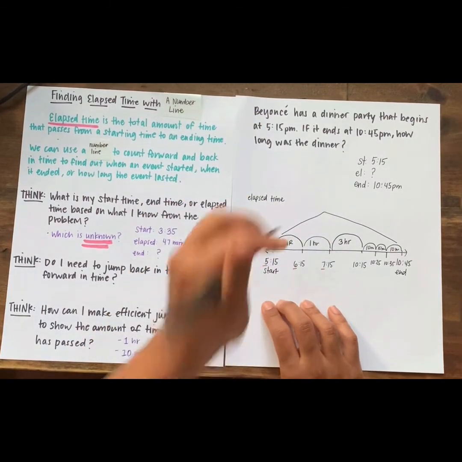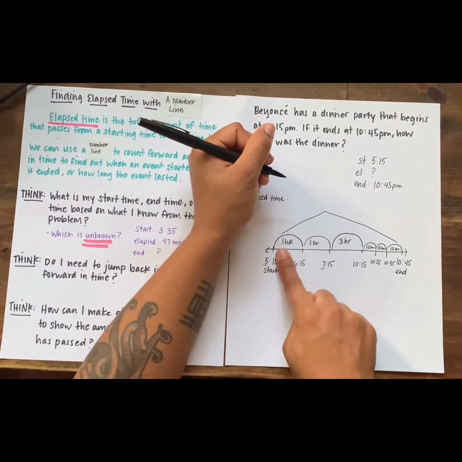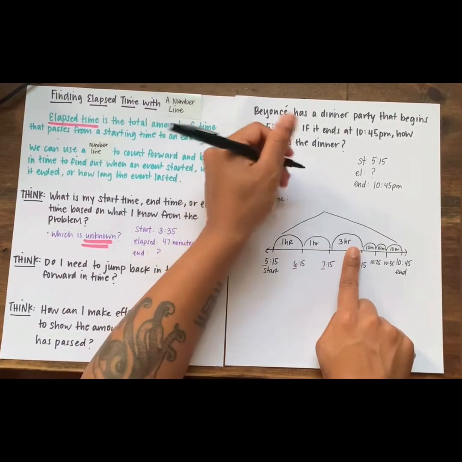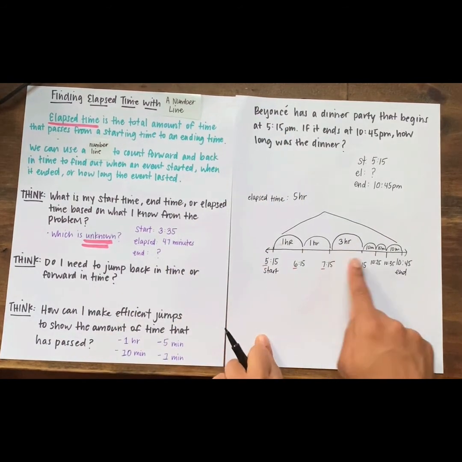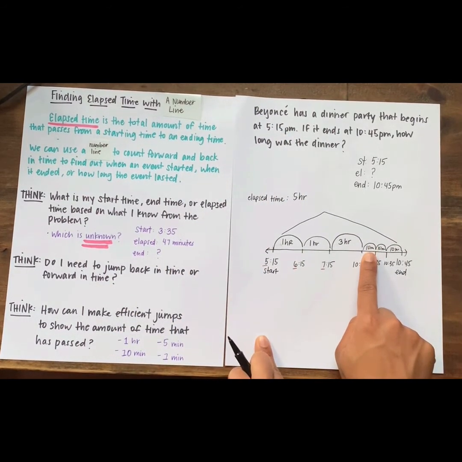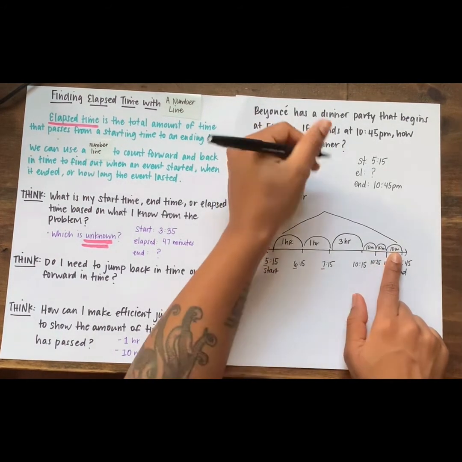Let's try that. 1 hour and 1 hour is 2 hours. 2 hours and 3 hours is? Yes, 5 hours. 10 minutes, 10 minutes, and 10 minutes is how much? Yes, 30 minutes.